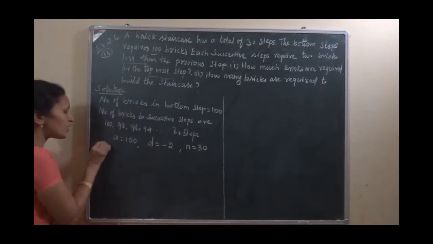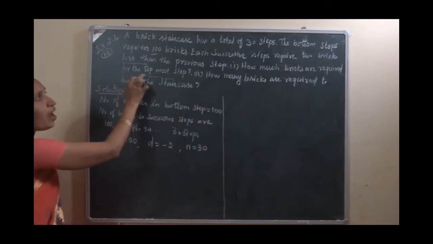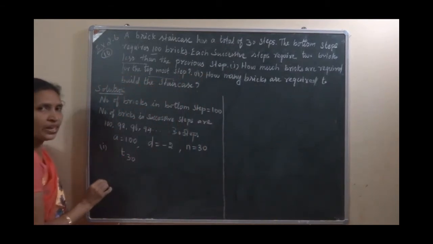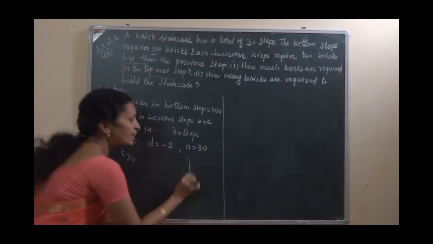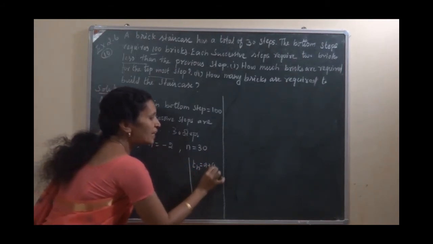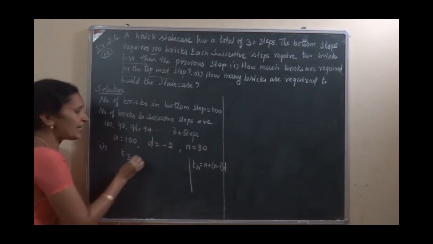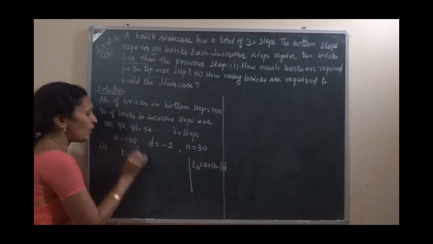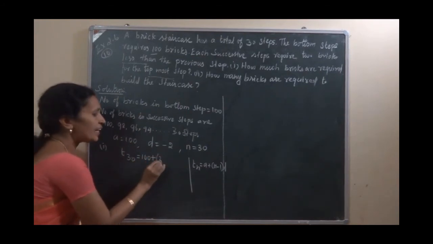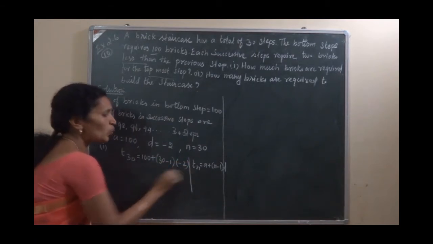First question, what is to be found? How many bricks are required for the topmost step? You have to find T30. Formula: Tn equal to A plus n minus 1 into D. So T30 is, apply the values: A value 100 plus n value 30 minus 1 into D value minus 2.